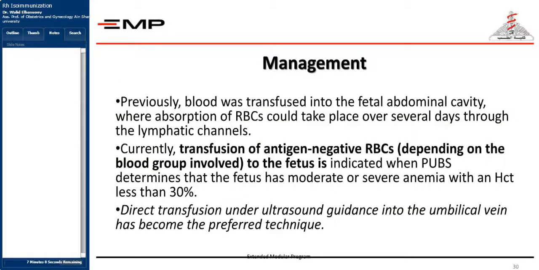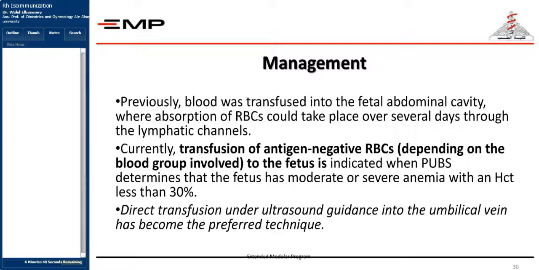So now, you diagnose the patient as having fetal anemia, the hematocrit is less than 30%, and you need to take action. What's the action that's going to be taken? The action is actually fetal transfusion of packed RBCs. Previously, the blood was transfused into the fetal abdominal cavity, where absorption of the red blood cells could take place over several days through the lymphatic channels.